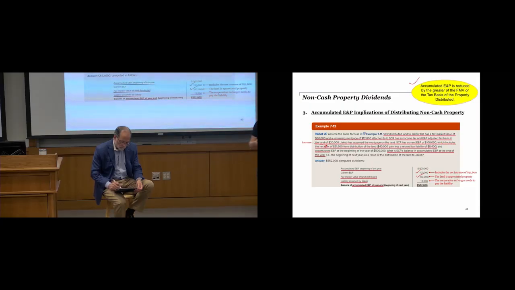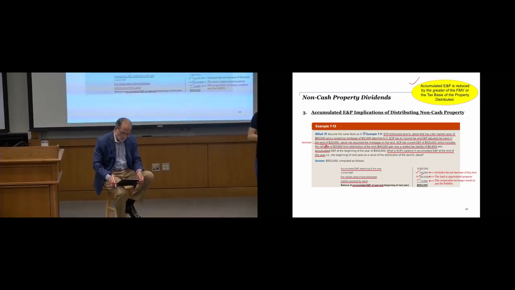And then finally, in the last slide, we said that when a shareholder assumes a liability associated with distributed property, the amount of liability assumed increases the accumulated E&P. So in this case, the liability is 12K of mortgage.